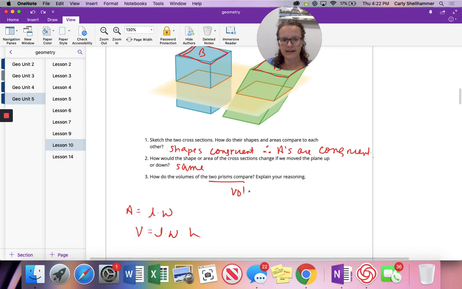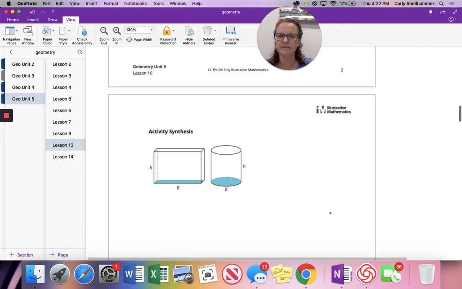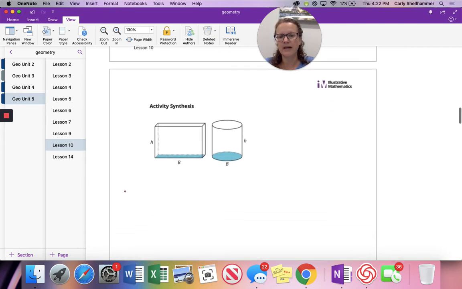It's later in the day, I can't spell. Volumes do not change when it's skewed, okay? So really, how we think about volumes of anything is big B times H, where big B is the area of the base.